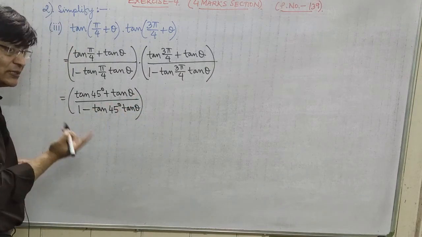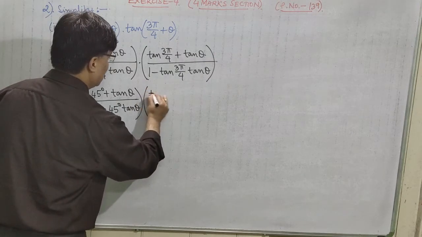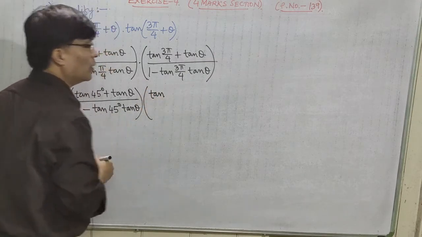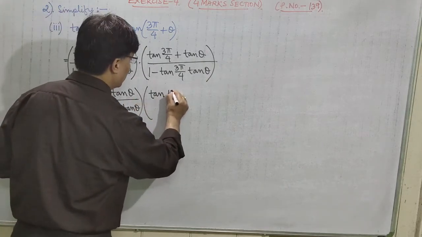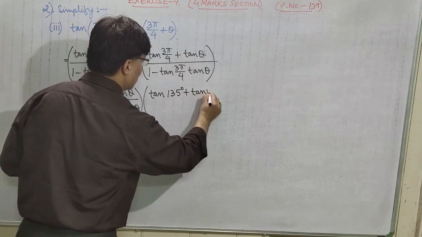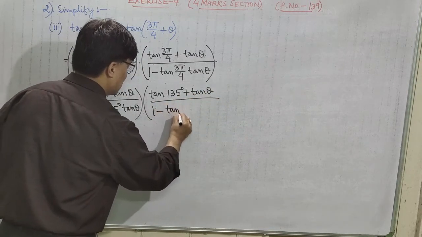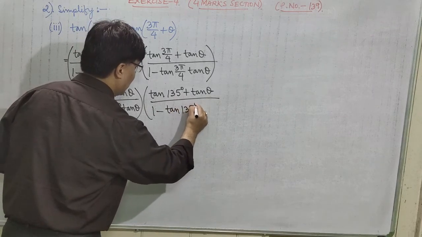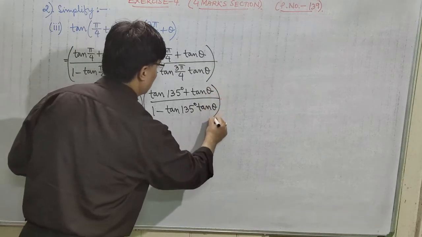Okay, pi by 4 means 45 degree. Similarly here also, what is 3 pi by 4? It is 45 into 3. What is 45 into 3? It is 135 degree. So tan 135 degree plus tan theta, divided by 1 minus tan 135 degree into tan theta.